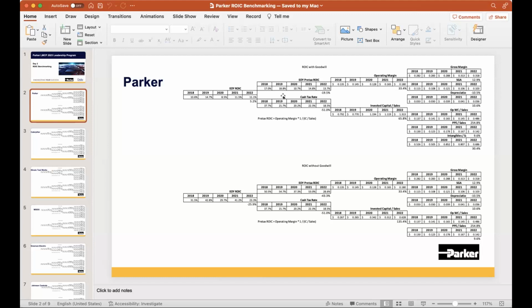If we compare this to their ROIC without goodwill, the invested capital over sales increased by 135.4%, right down here. So this shows that they were putting a lot more money into the business without intangibles.